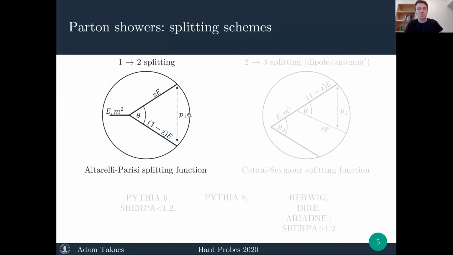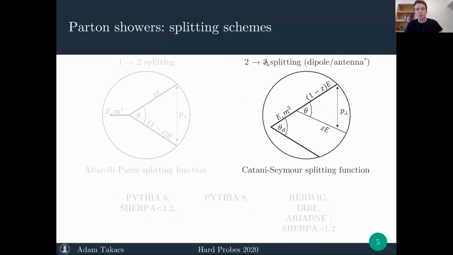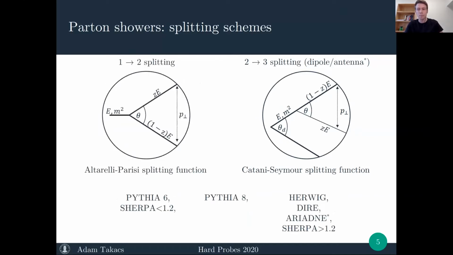One of them, what I showed before, is the 1-to-2 splitting, which leads to the Altarelli-Parisi splitting function. There is another way to do this, the 2-to-3 splittings, when you actually split colored dipoles. This, for example, leads to the Catani-Seymour splitting functions, and it is a more precise description. Again, different parton showers use different splitting descriptions, usually the better ones using the 2-to-3 splittings.